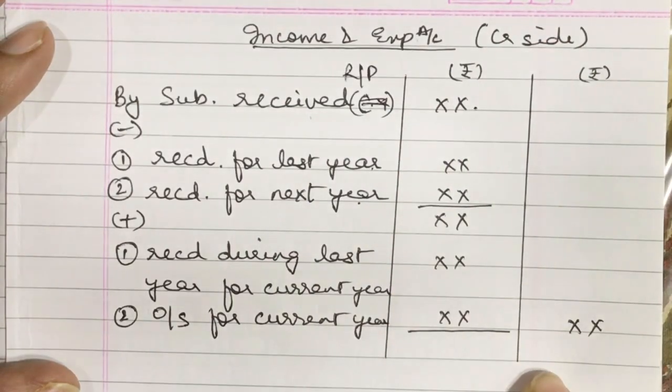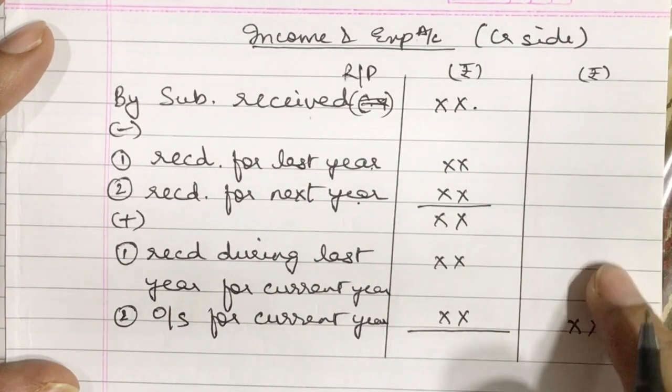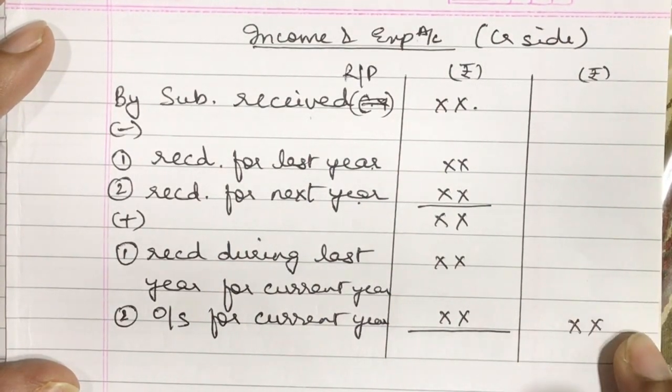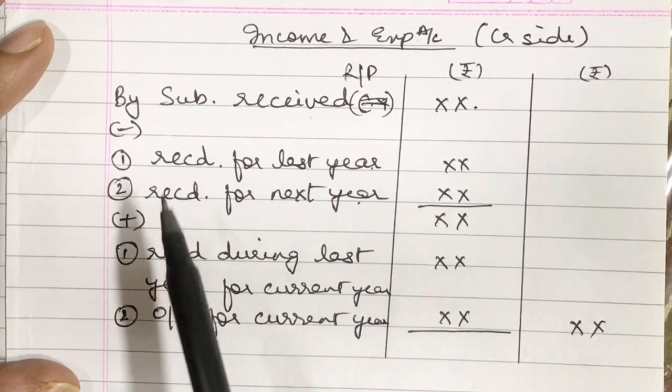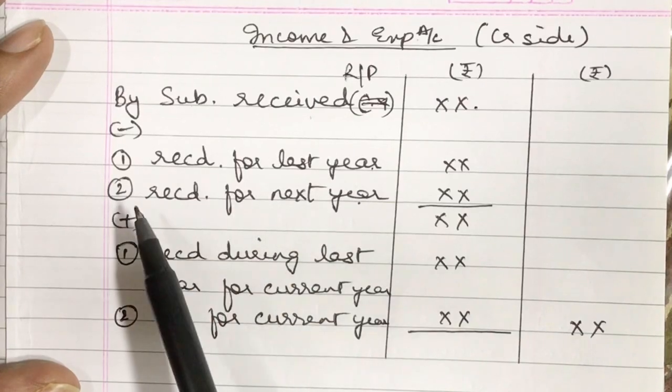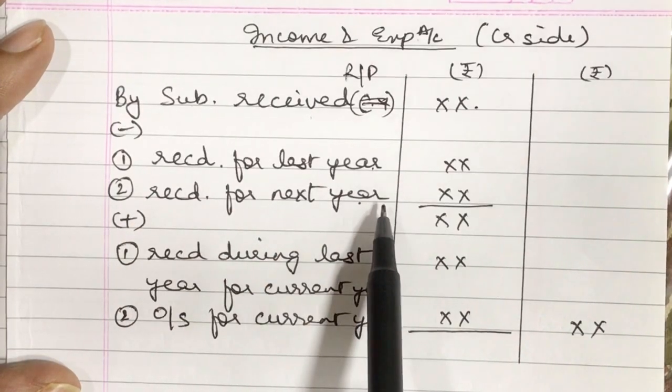So all the expenses and all the incomes pertaining to the current year only should be shown in the income and expenditure account. So minus received for last year and minus received for the next year.